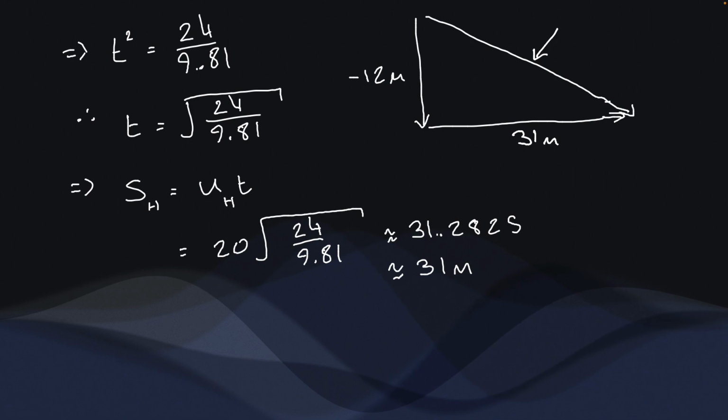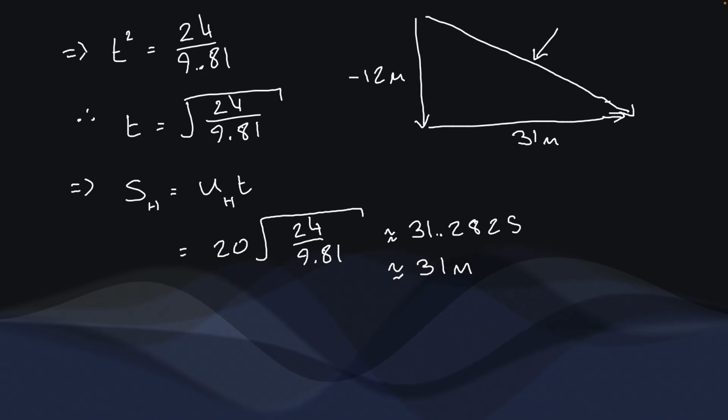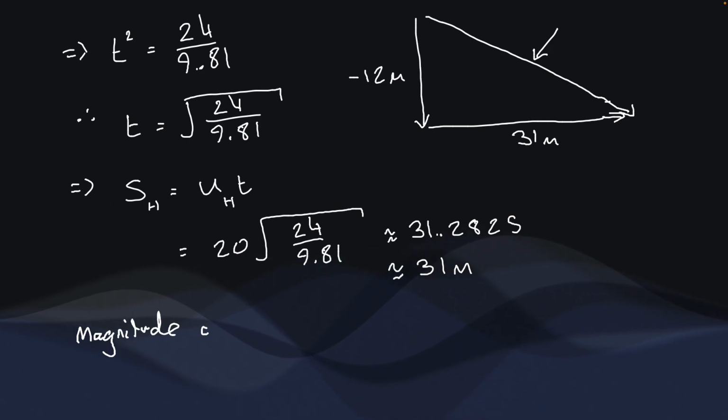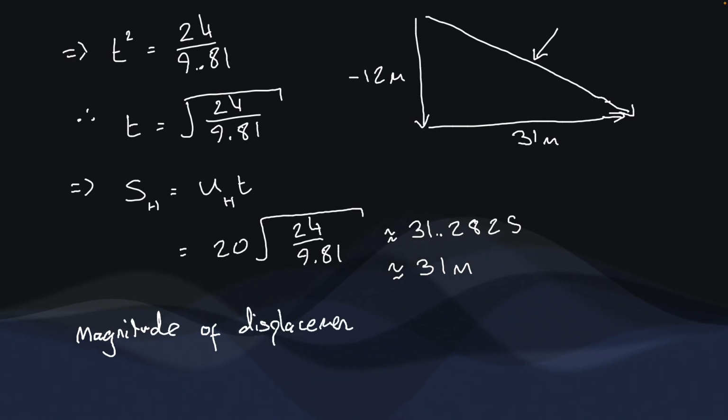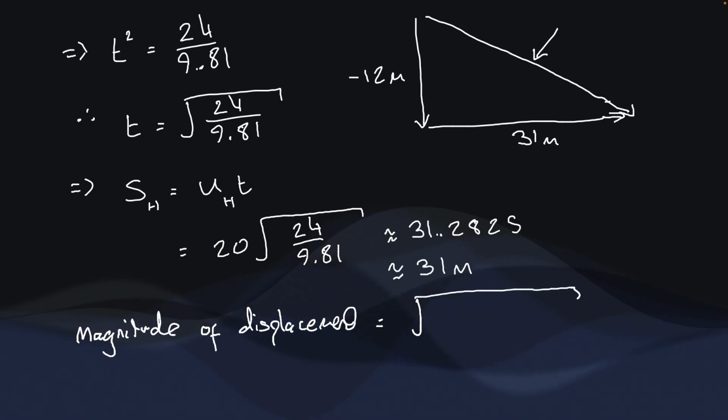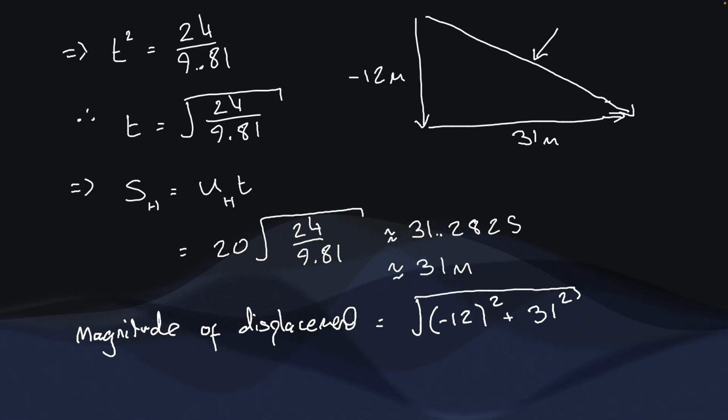We just apply the magnitude of the vectors. So the magnitude of displacement is equal to the square root of negative 12 squared plus 31 squared. And again, quickly using your calculator, what's that equal to?